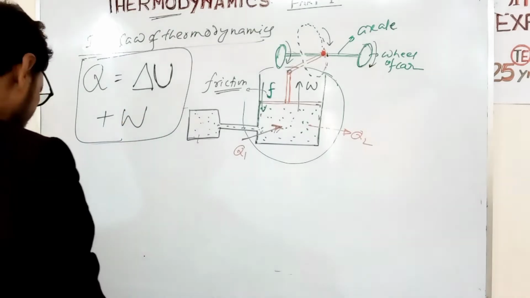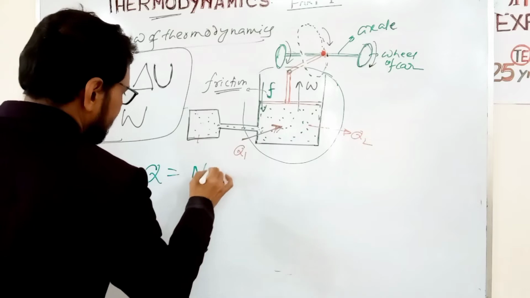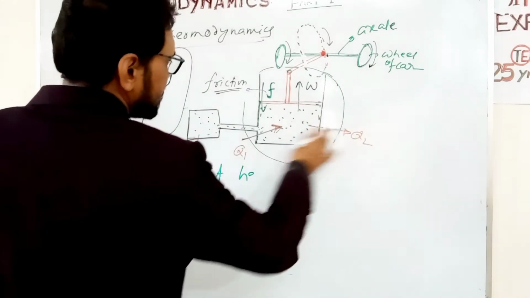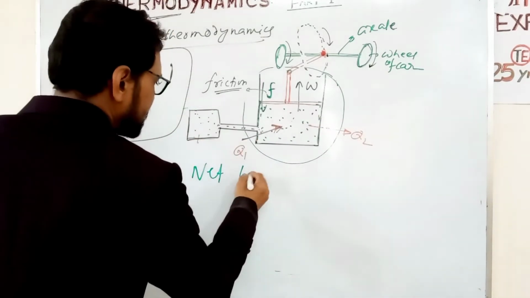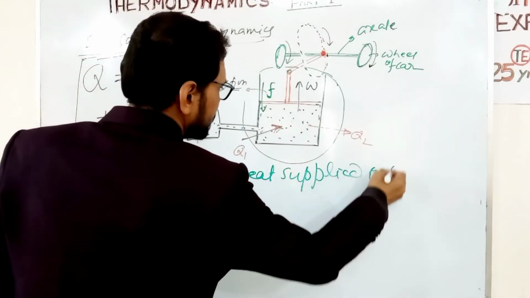Delta U. So I write here Q equals net heat, because some heat is rejected from the system. Net heat supplied to the system.